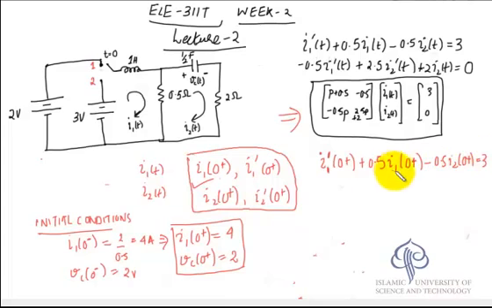We have I1 0 plus, so we can simplify this: I1 dash 0 plus minus 0.5 I2 0 plus is equal to 3 minus 0.5 I1 0 plus. I1 0 plus is already given, it's 4, so it is 3 minus 0.5 into 4, that is 3 minus 2, that is 1. So this is one equation that we get. Please remember that these are unknowns. I1 dash 0 plus is not known, we need to find it. I2 0 plus is not known, we need to find it.